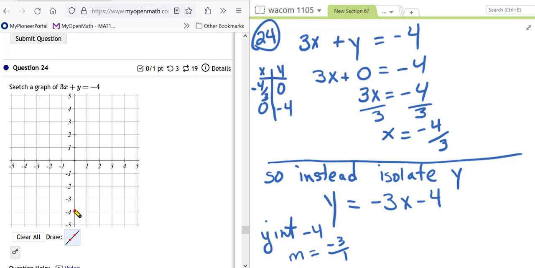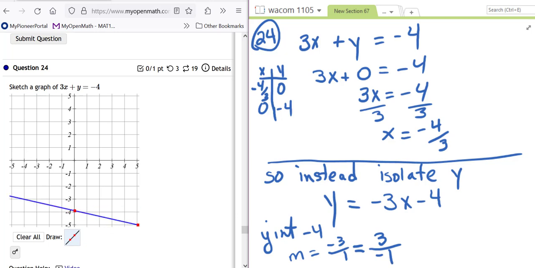I can't count down 3 and over 1. But I only have one negative. I can choose where to put that negative. So I'm moving with these. I have to have it top or bottom. Let's switch and put it on the bottom, because going down 3 takes me off the grid. So that's why I'm doing this.